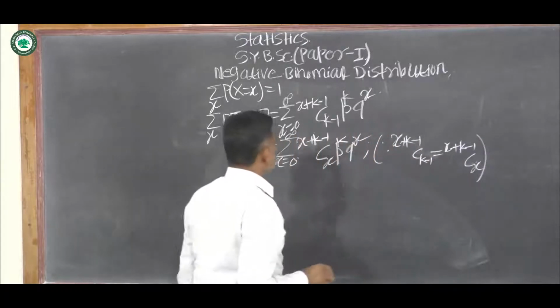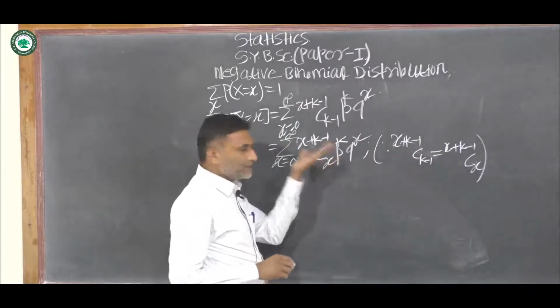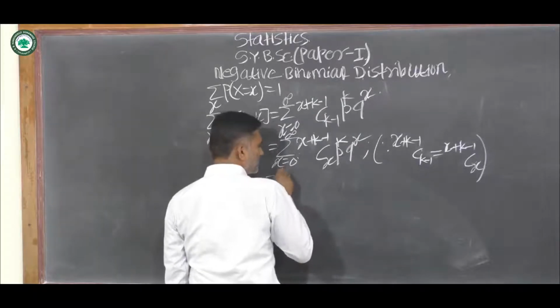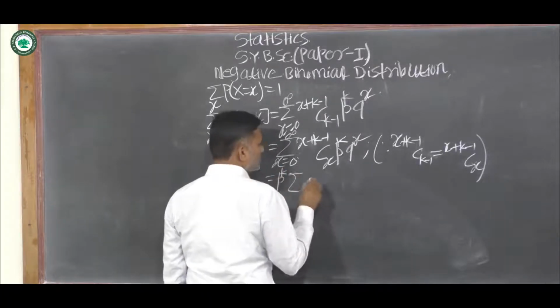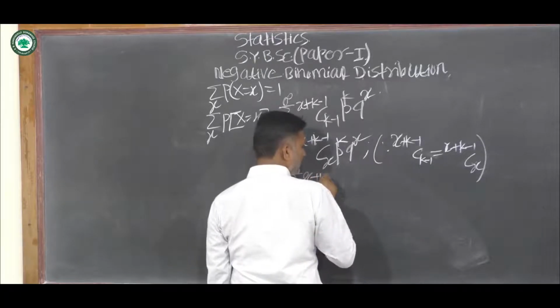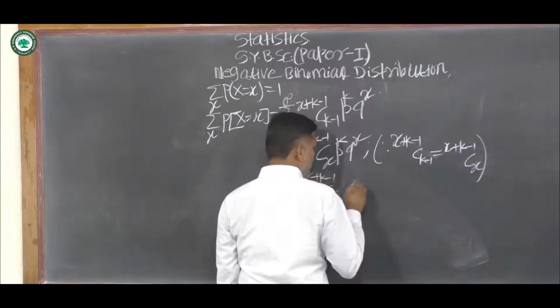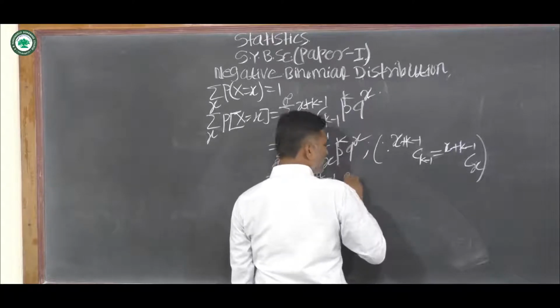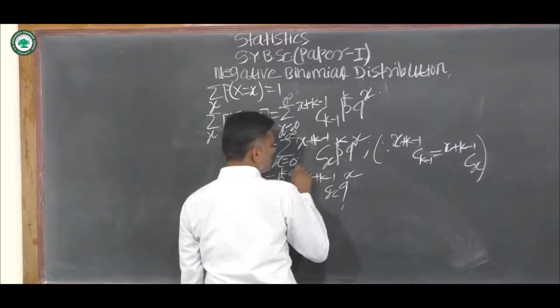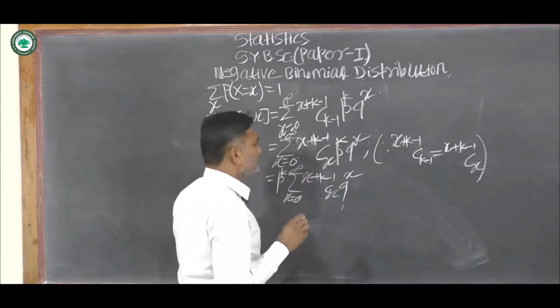Okay, p raised to k is a constant. Take it out of the summation sign. P raised to k into summation of x plus k minus 1 c x into q raised to x, summation over x, x running from 0 to infinity.